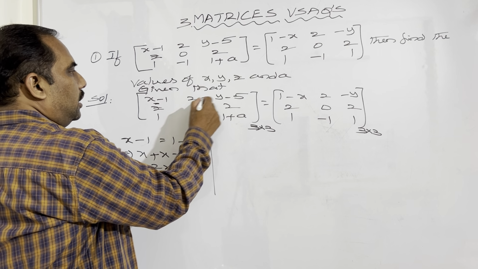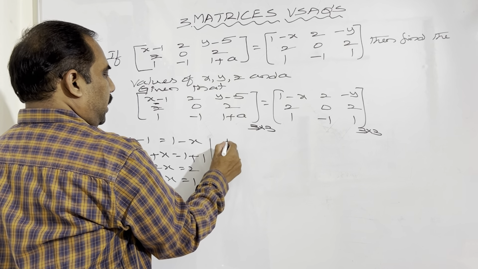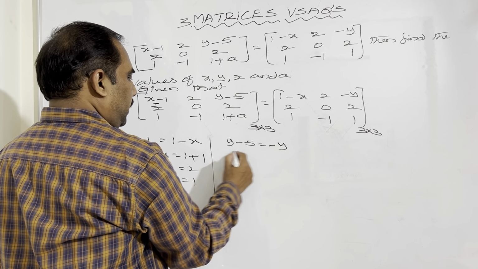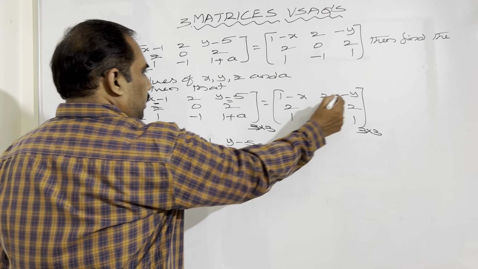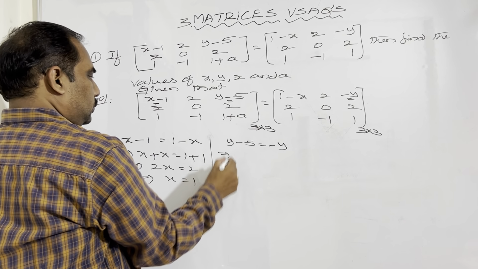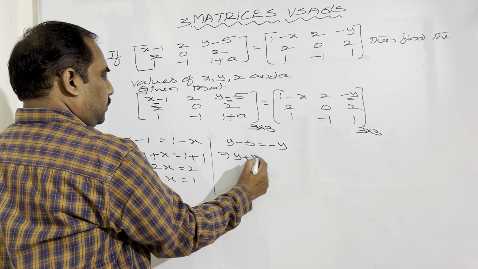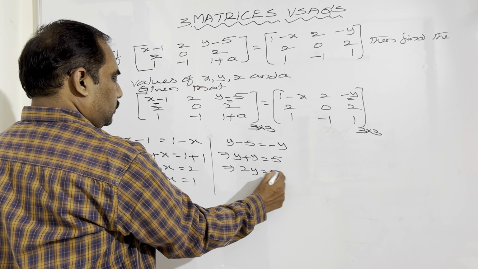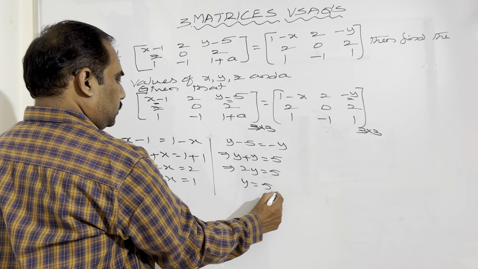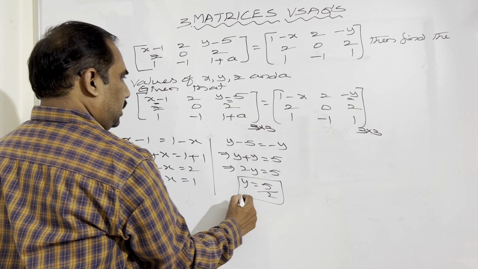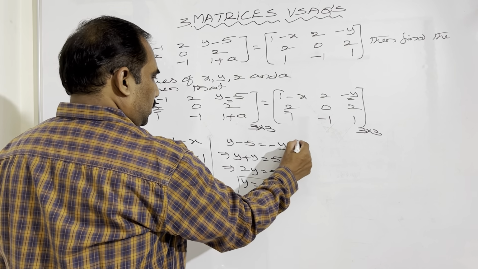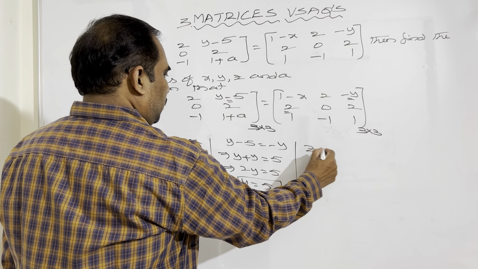Again, the corresponding element: y minus 5 is equal to minus y, so y plus y is equal to 5, 2y is equal to 5, so y is equal to 5 by 2. Clearly the corresponding element z is 2, so z is equal to 2.